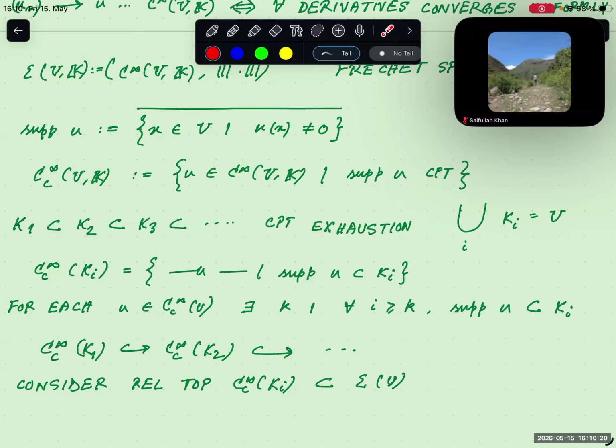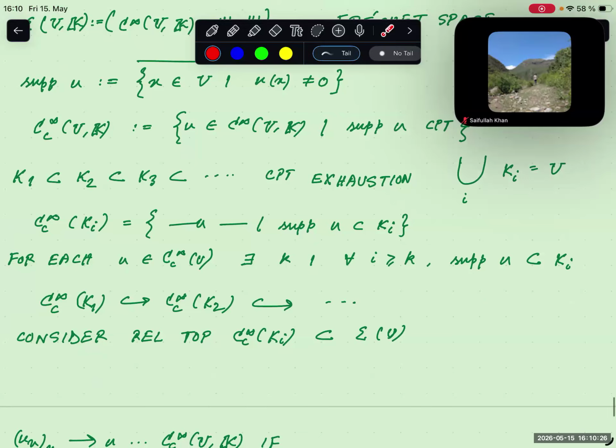Why did we start looking at compact supports from the Fréchet space? We will see why we have this Fréchet space and all these things, within maybe 10-15 minutes.